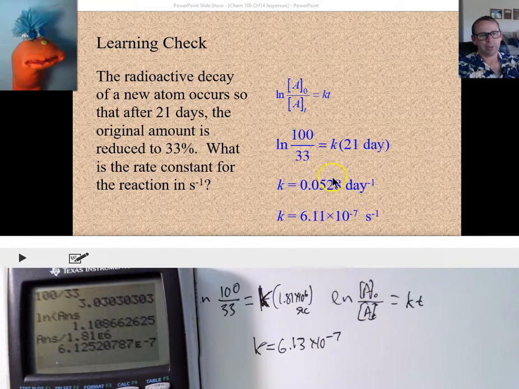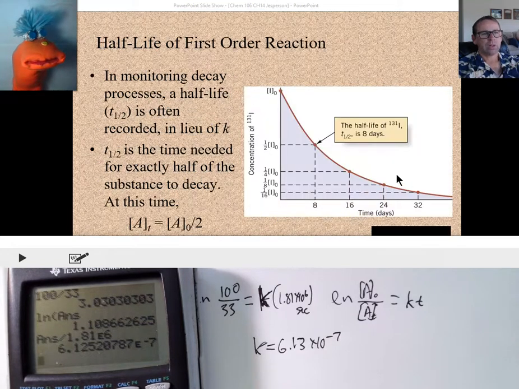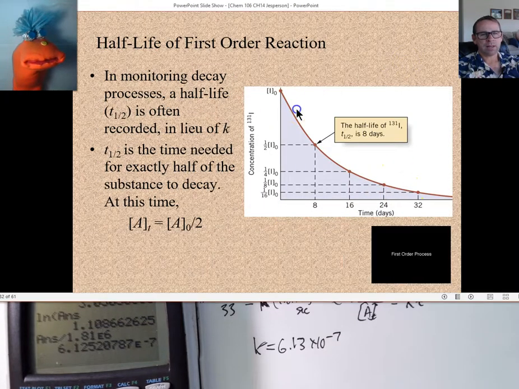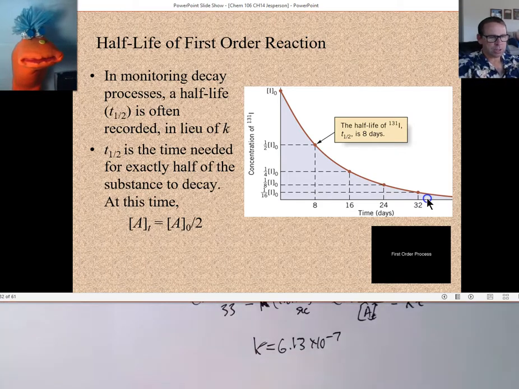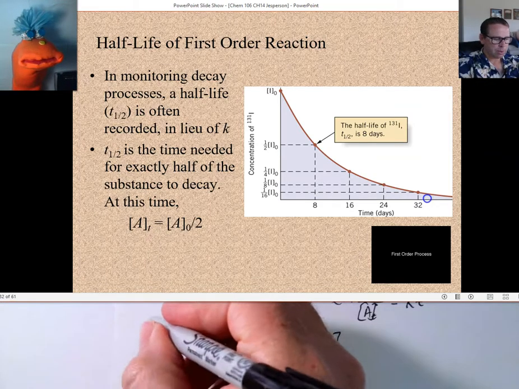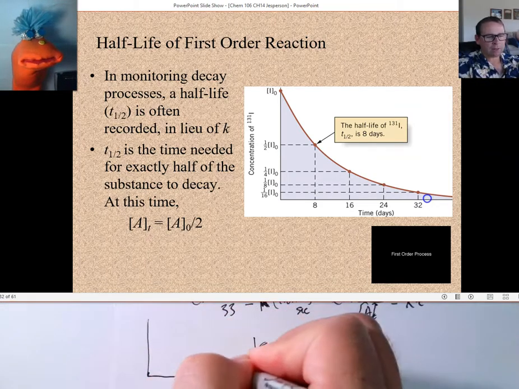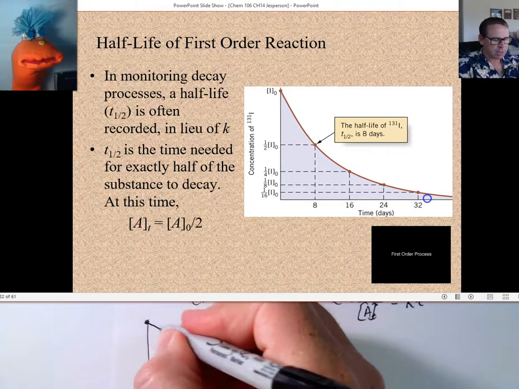Okay, very good. All right, now as we said, the half-life of a material is fixed for a first-order reaction. Now let's look at a zero-order reaction to compare it really quickly. Half-life is just how much time it takes.